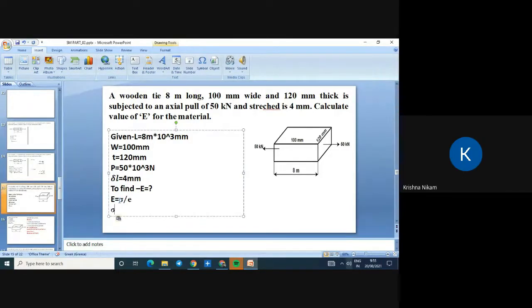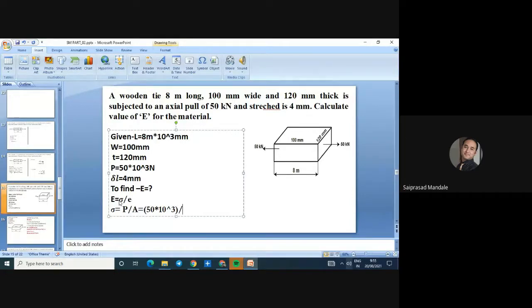P upon A. So here it is P upon A. So what is P? It is 50 into 10 raised to 3 divided by how much? Whenever you are calculating those things, now you have to put everything into the bracket. 50 into 10 raised to 3 divided by.